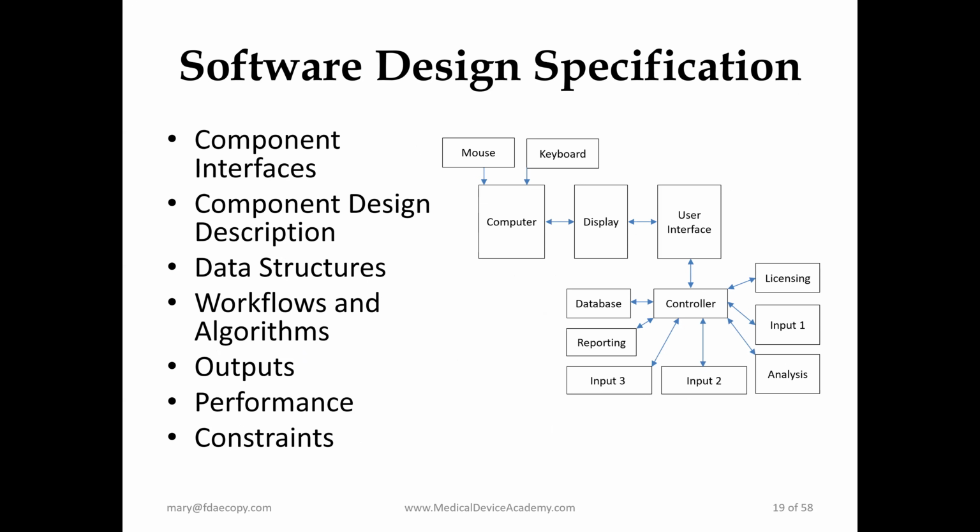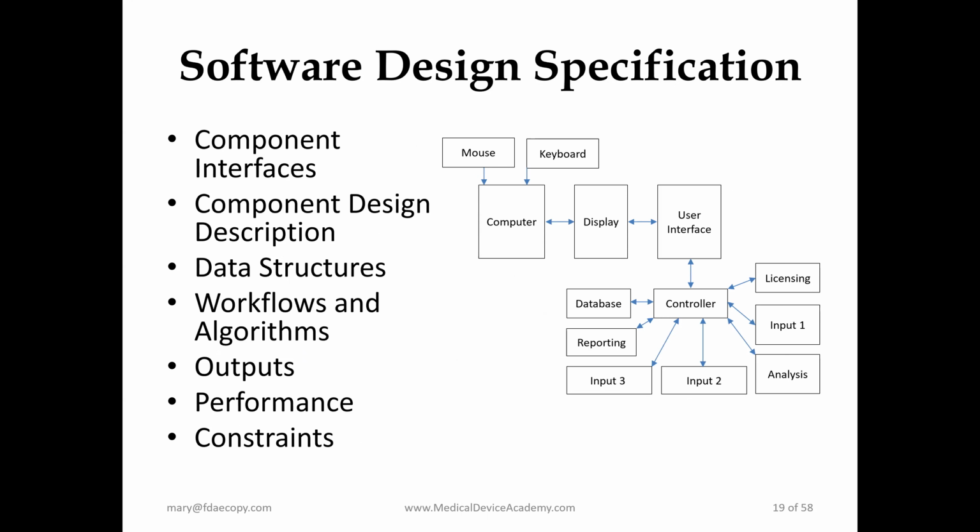This is an example of one of the charts that you might use in your software design specification to explain how your software works. For each specific component, these bullet points are suggestions of what you may include when describing each of your items or units.